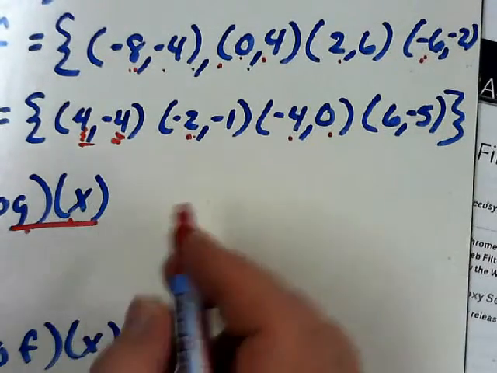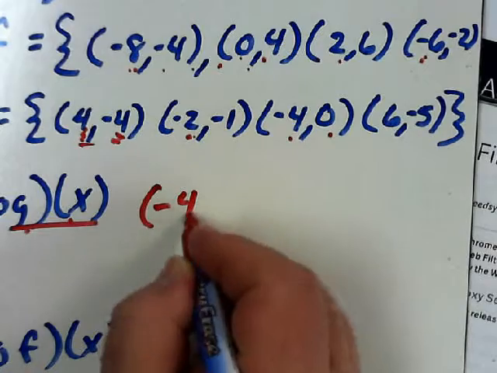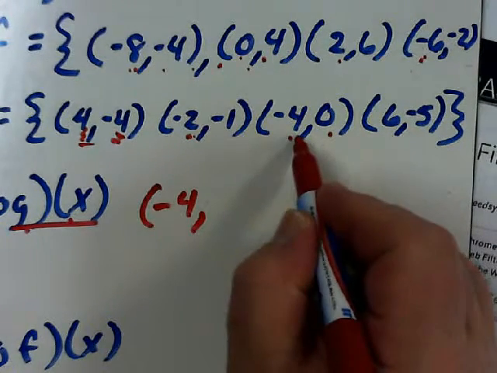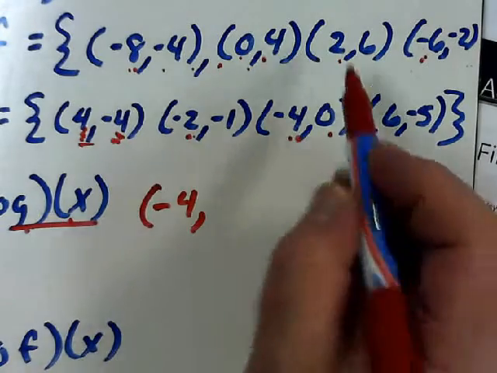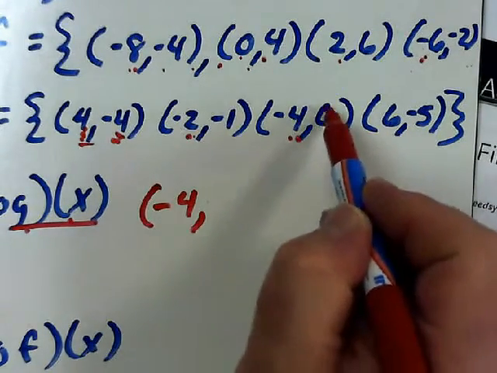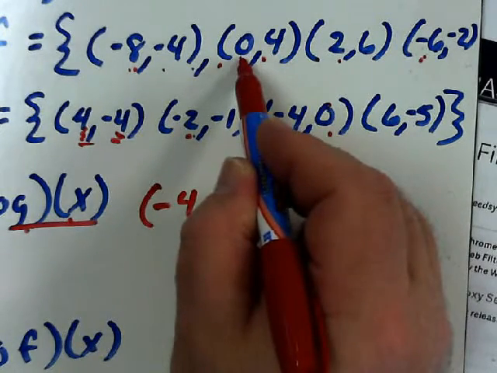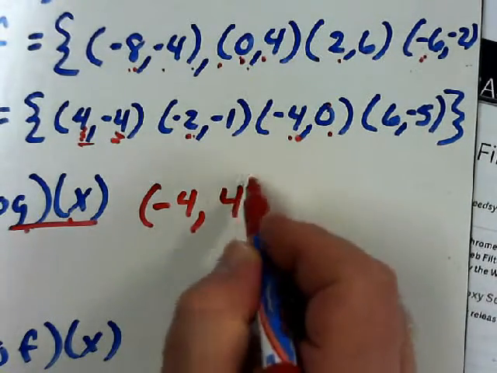So the f of g would be, I started with a -4, didn't I, from right here? And I ended up with, when I made the comparison, because this 0 went up to this 0, doesn't it? I end up with an answer of 4.